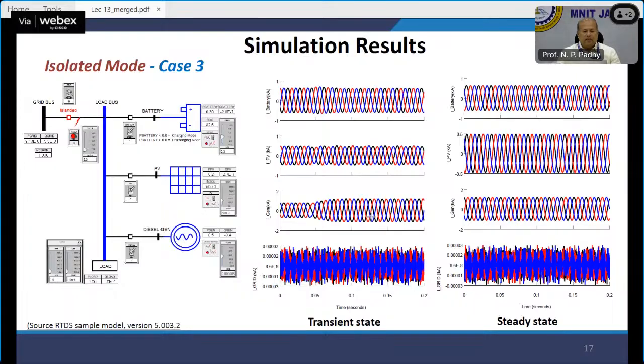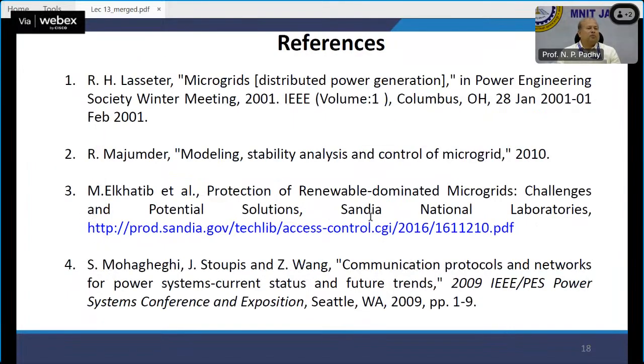So what we have learned today is how to carry out simulation on the RTDS platform for 7 different cases: 4 for grid connected mode and 3 for islanded mode.